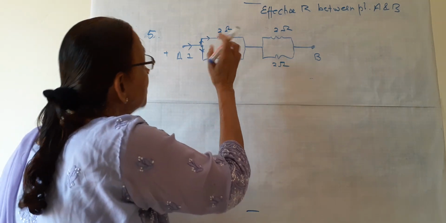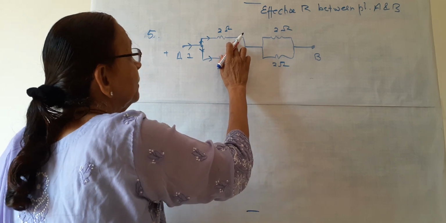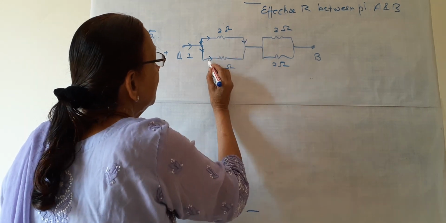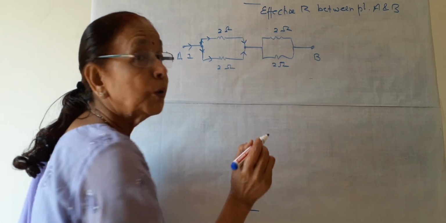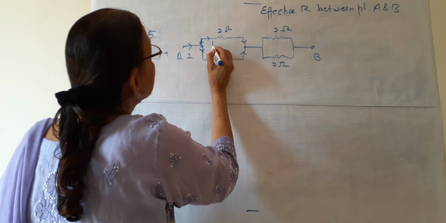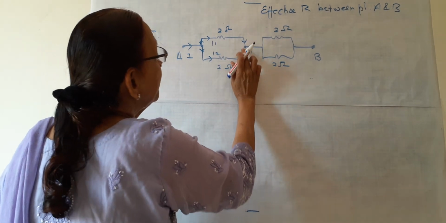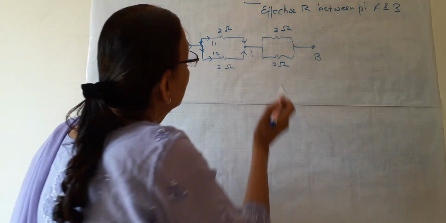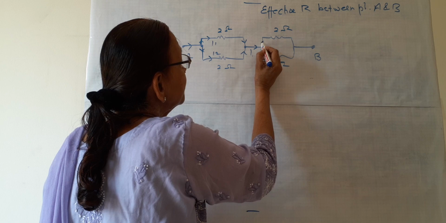Suppose half, or whatever the proportion is, of the current flows from this; it comes here. Some is flowing from here, it comes to this junction. Both are joined together. Suppose this is I1, I2. So I1 plus I2 again become I here. Now here again there is a second junction.